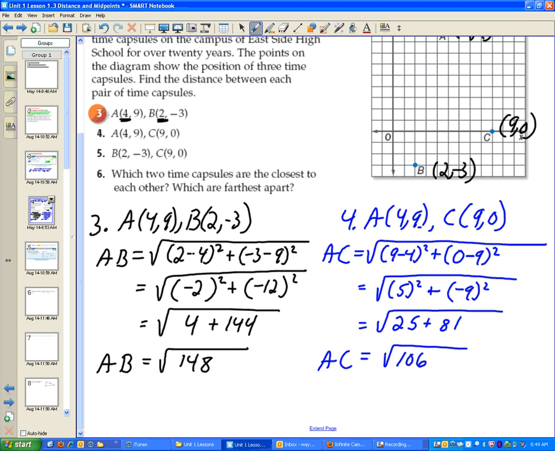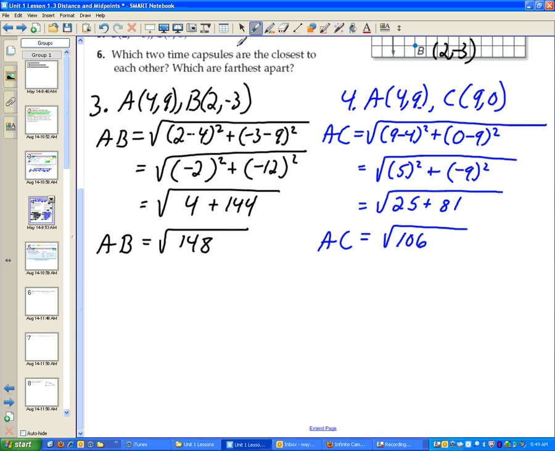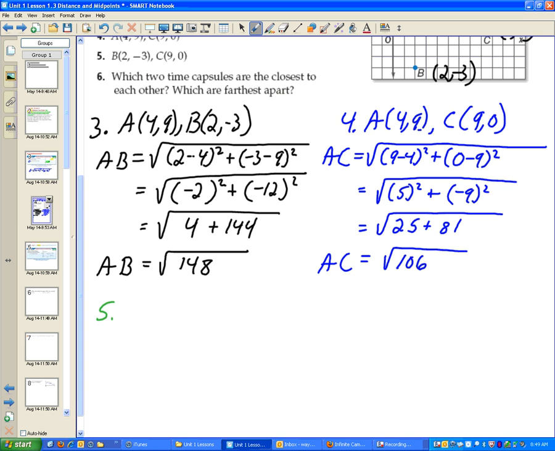We good? All right. Number 5. Number 5. B has coordinates 2, negative 3. C has coordinates 9, 0.